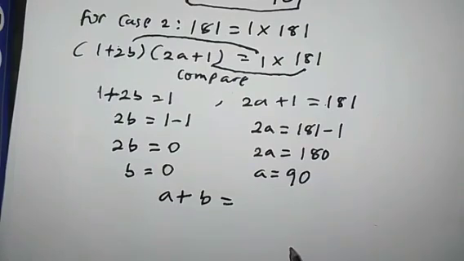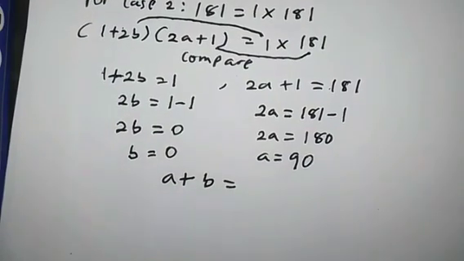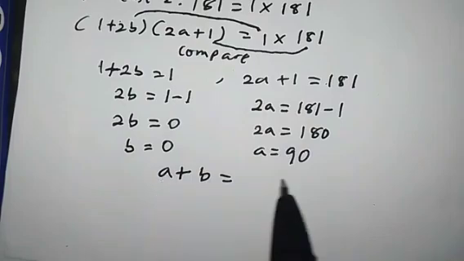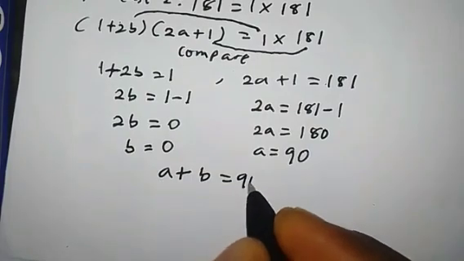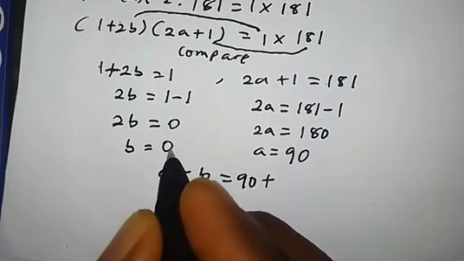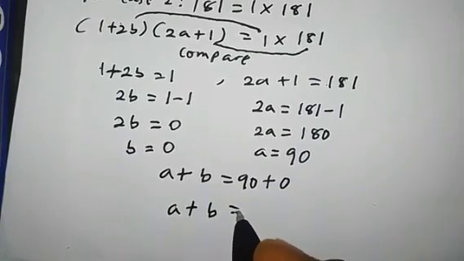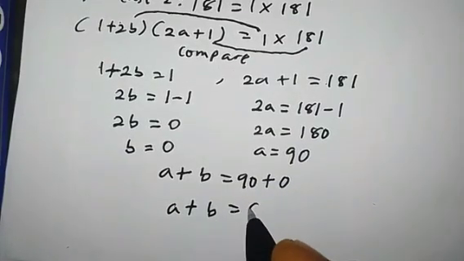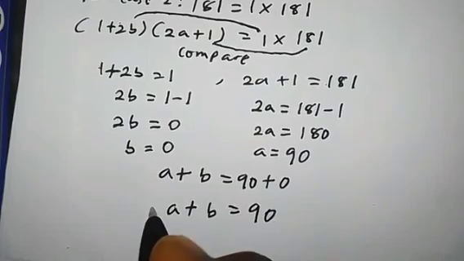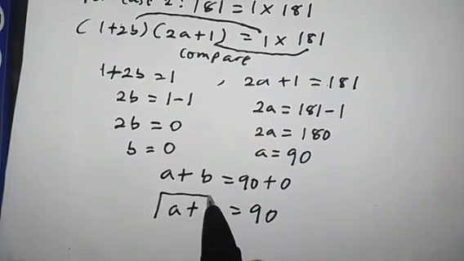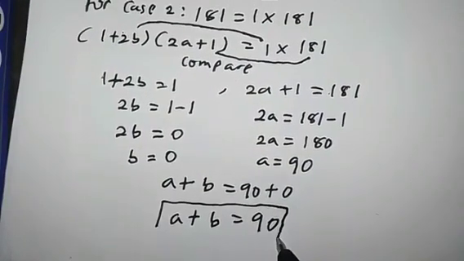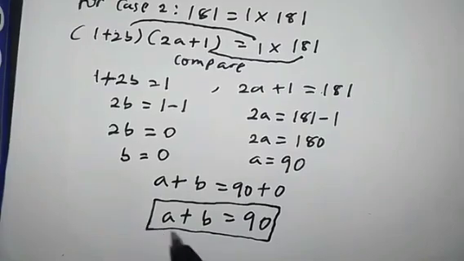So let us do that. a is 90 plus b is 0. a plus b is equal to 90 plus 0, that is 90. This is another value of a plus b, which is the same thing as what we got for the first case.